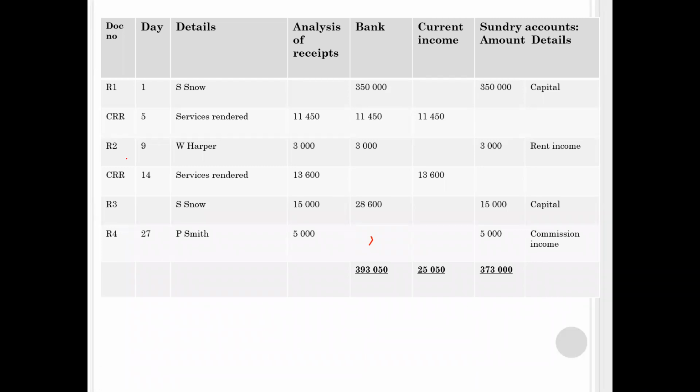So for instance, on the 9th was the next receipt. So if on the 1st it was receipt number 1, then it will be receipt number 2 on the 9th. And like on the 14th, it will be receipt number 3, and on the 27th, receipt number 4. So you just continue with the numbers for the receipts.